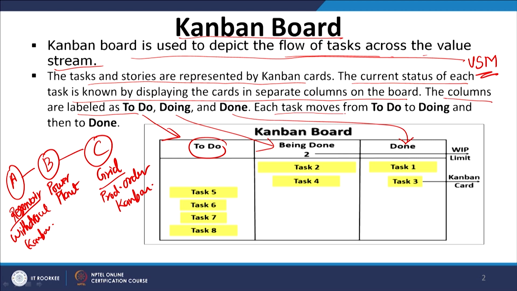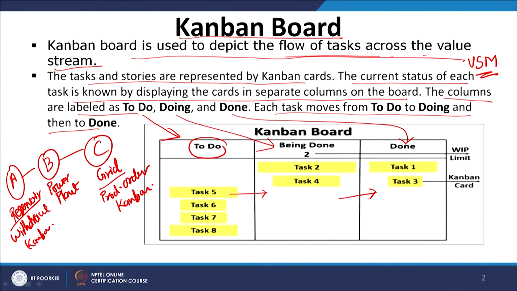Each task moves from to do to doing and then to done. So, as this card moves, so your task is going to move from here to here and from here to here. Those things which are yet to do, these are the part of first column.